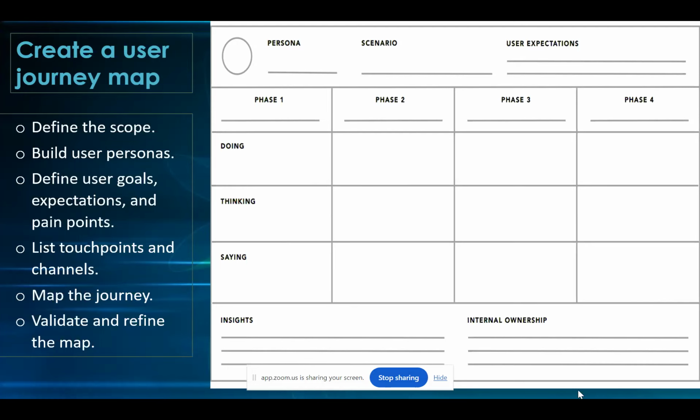You have to interact with everybody and get the information. When you've gotten this information, then you can use that to create your user journey map, and then that map will be used to make business decisions, because there's a reason why you're doing it. So you have to validate and refine your map. They'll tell you, okay, change this, do that, and you go back again and you keep iterating and refining.